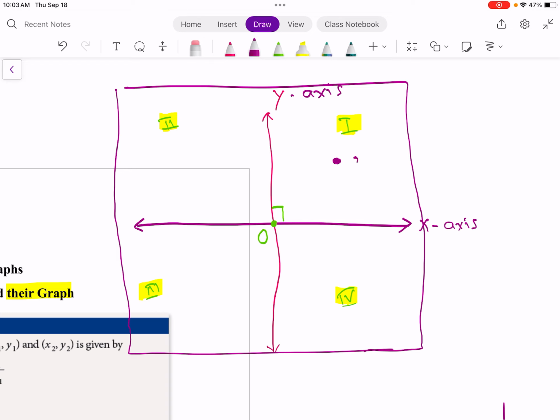Let me call the first element x, the second element y, inside parentheses, okay? So this is an ordered pair. In an ordered pair, you have two elements separated by a comma inside the parentheses, and we use this ordered pair to represent a point in a Cartesian coordinate system, okay?